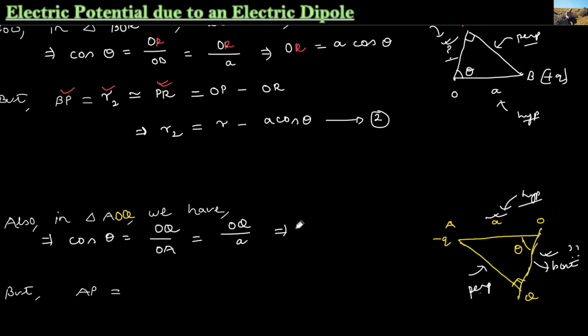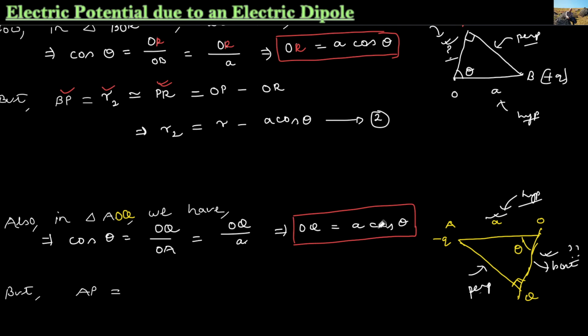So from here we can write OQ equals a cos of theta. It is the same as the earlier expression. So both these expressions are the same. OQ is A cos of theta, and over here OQ is also A cos of theta.